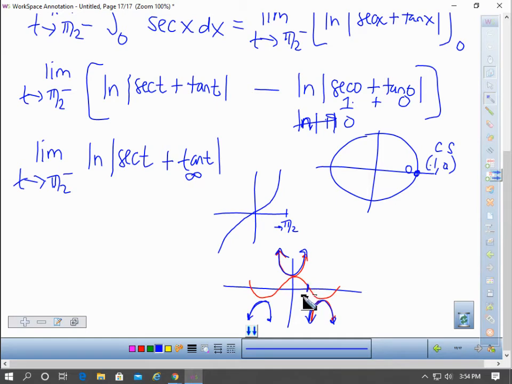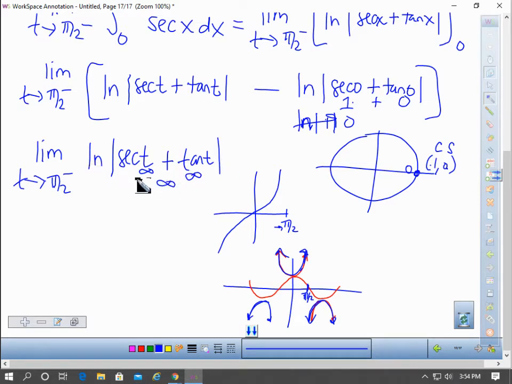Here again, this is pi over 2. So what is the secant doing as we approach pi over 2 from the left-hand side? It's also going to infinity. So this ends up being infinity plus infinity. We can do infinity plus infinity; we can't do infinity minus infinity, so don't get confused with that. So this is giving us an infinity answer.